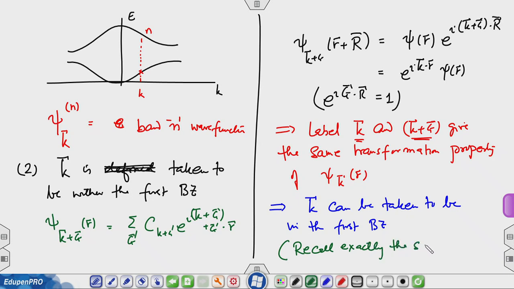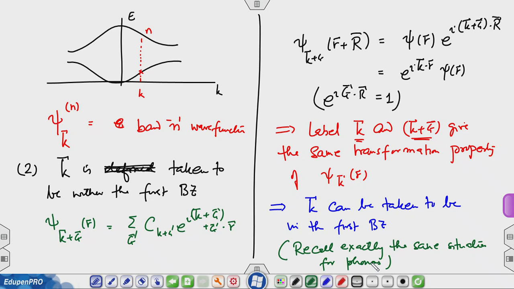I want you to recall exactly the same situation for phonons, where we showed that the displacement of atoms is the same whether I take k within the first Brillouin zone or add a reciprocal lattice vector to it. It does not really make a difference. Exactly the same situation prevails here. Now, this should not be surprising to you, because in both the cases I am solving an equation which has a periodic driving force, and as I said, there is a general Hill's equation that gives you this general solution.